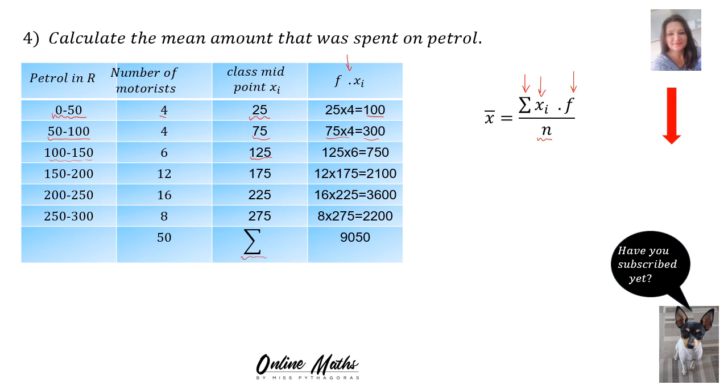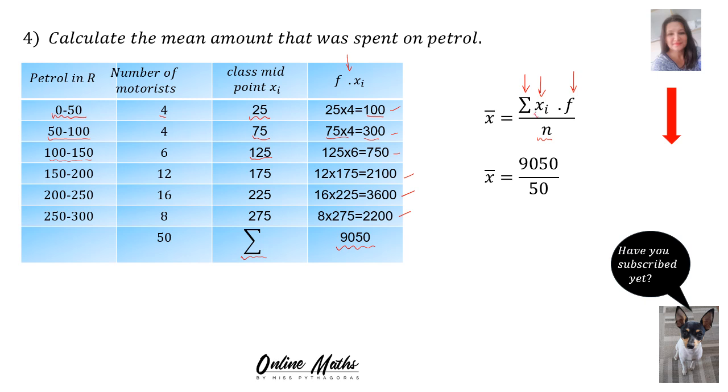So I said 100 plus 300 plus 750 plus 2,100 plus 3,600 plus 2,200, and I ended with 9,050.